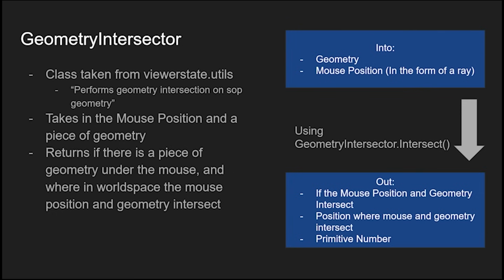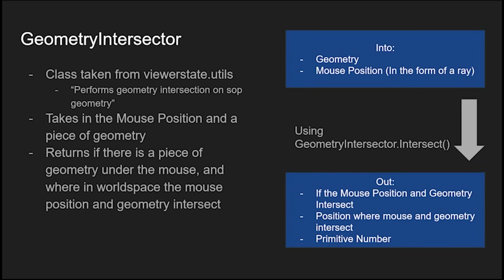So the first thing we're going to be implementing is the required code for geometry intersector. This is a class from the viewer state utilities that allows us to snap our points to our collision object.